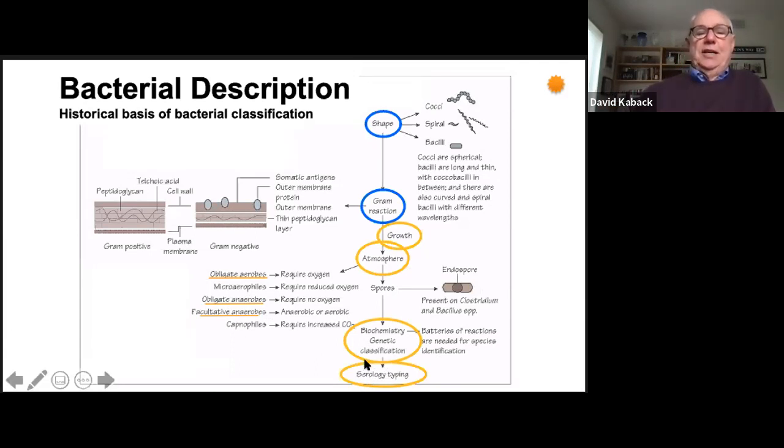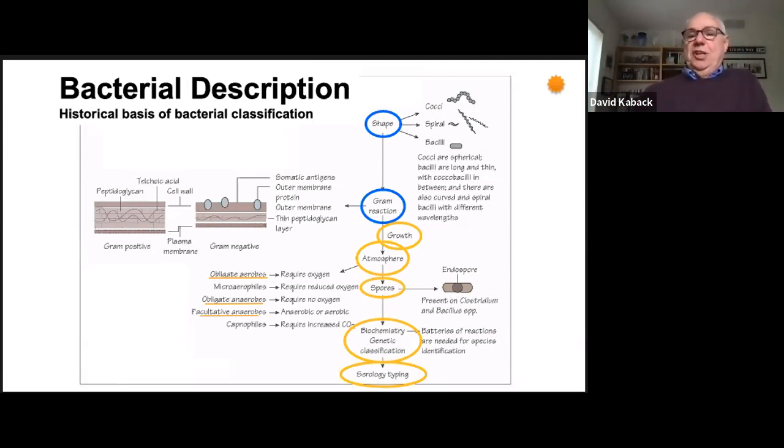We'll use antibodies to specific subtypes of bacteria to see whether we have a pathogenic strain of that particular organism. Other things that can happen is that some organisms are very resistant to drying, like anthrax, and certain anaerobes produce spores or endospores.